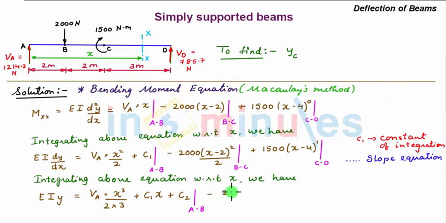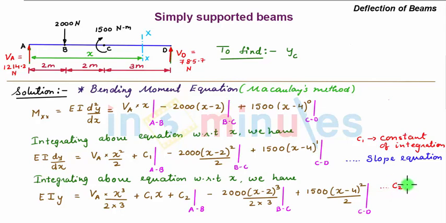Next we have 2000 into x minus 2 cube divided by 2 multiplied by 3, second partition, plus 1500 into x minus 4 square by 2 into the third partition. Now we see that in this equation C2 is another constant of integration, and this equation can be called as deflection equation, since this equation has this y term which is your deflection.